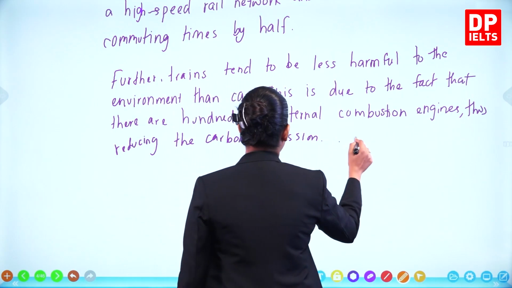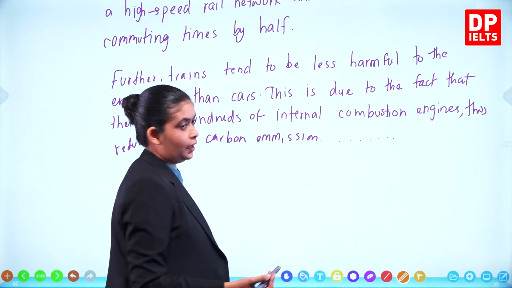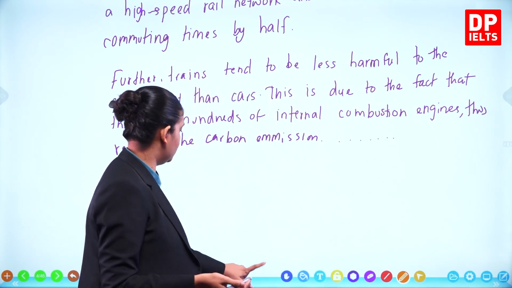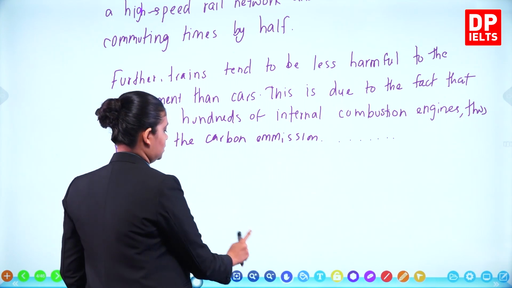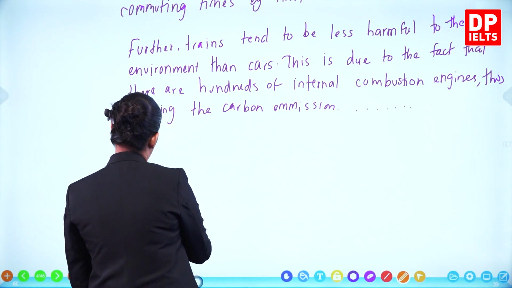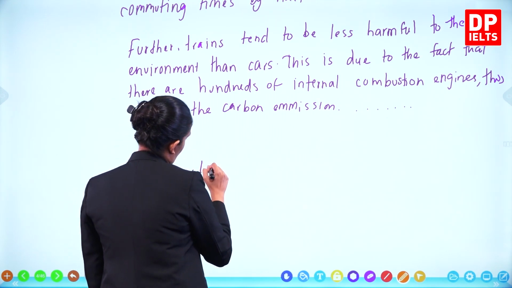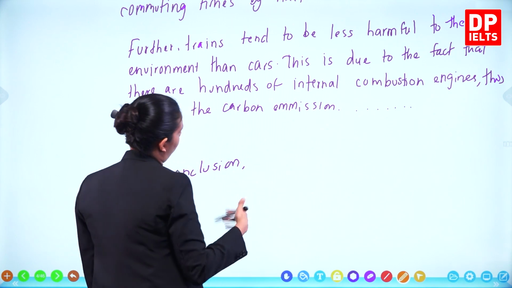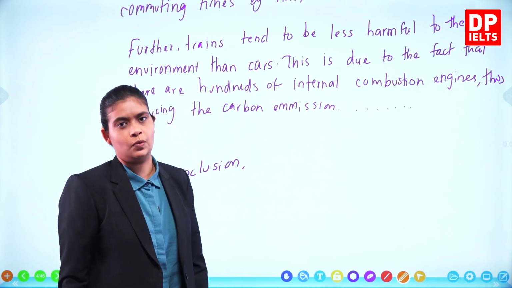So here you can continue to write your idea. You know that you can complete the idea on that, and then you start writing your conclusion. So you can signpost and say in conclusion and say why money should be spent more on railway.